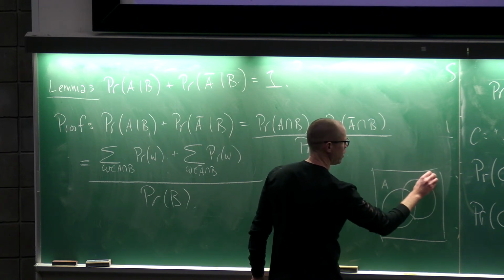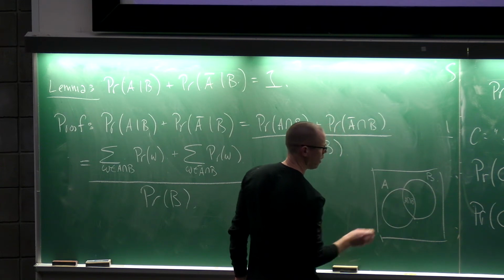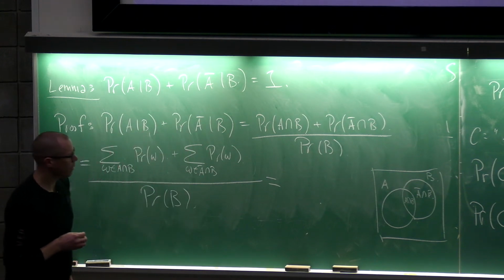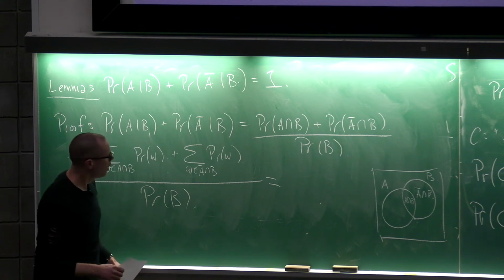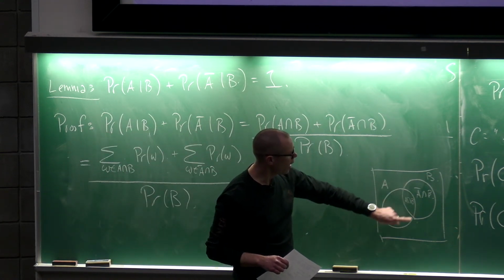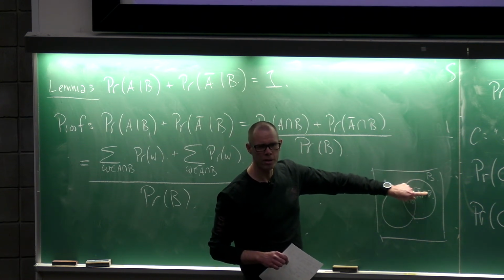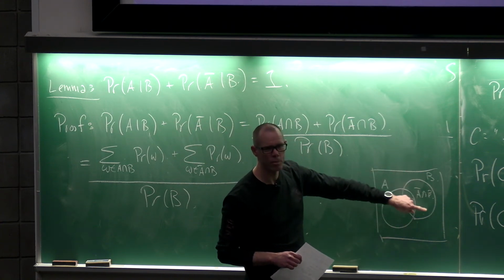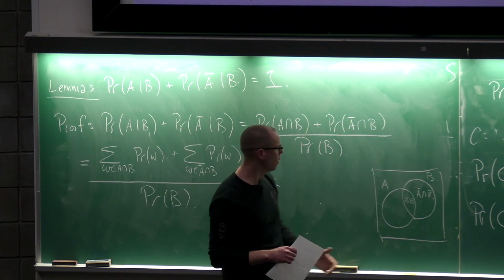Here's A, here's B, here's A and B, here's not A and B. So if I add up all the probabilities inside of here and all of the probabilities inside of here, I'm just adding up all of the probabilities in B, right? I'm just adding up the probabilities of all the outcomes in B, just splitting it by adding these ones first and then these ones.